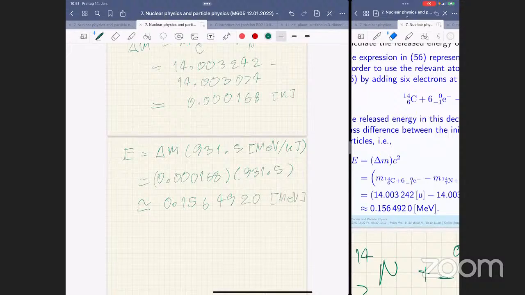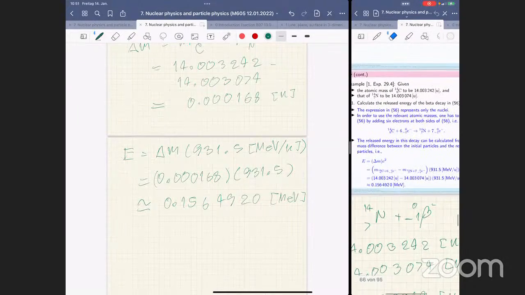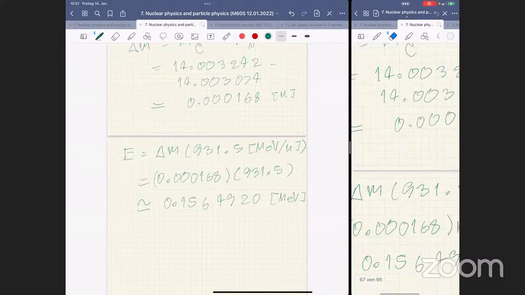That's the energy for this process, right? So that's the energy released after the decay of the carbon to nitrogen.